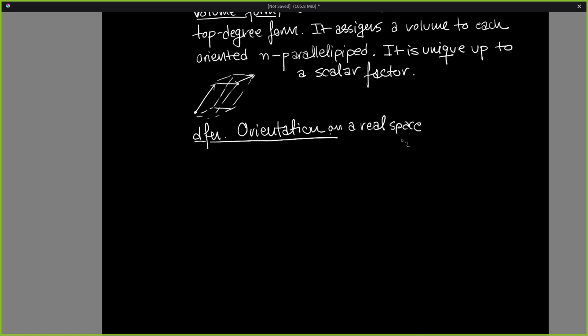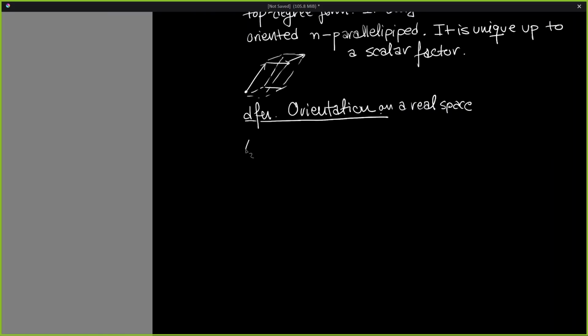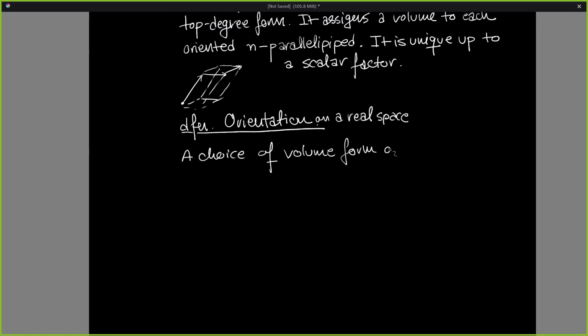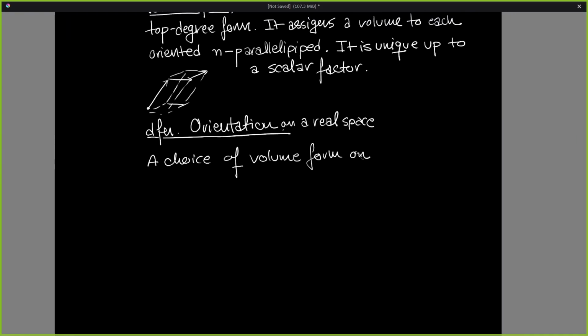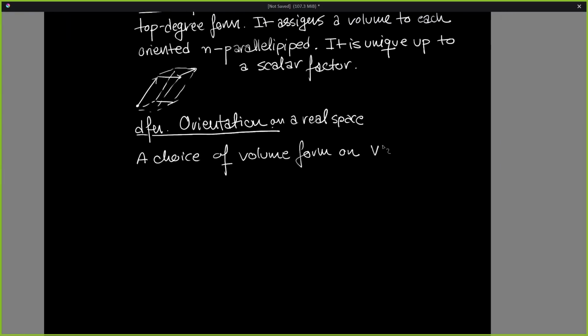So an orientation on a real vector space, we're almost there though. Let's say that we have a choice of volume form on V star.